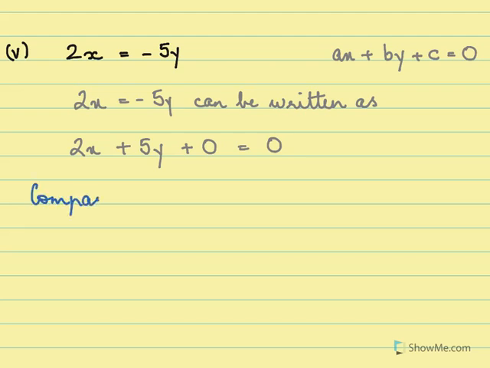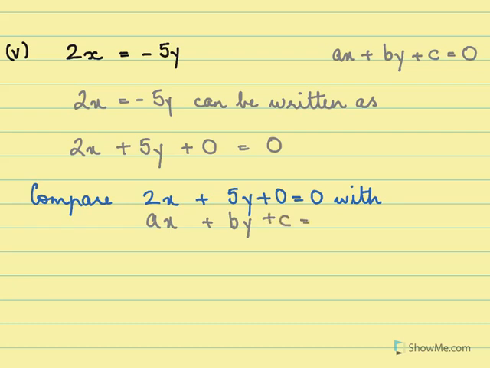For the next part of the sum, compare 2x plus 5y equal to 0 with our general equation. And our general equation here was ax plus by. In this I had to write plus 0 equal to 0.